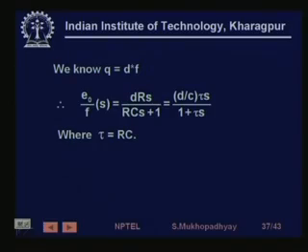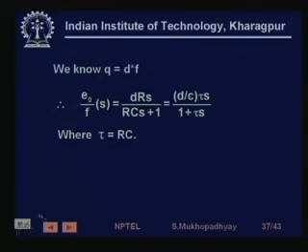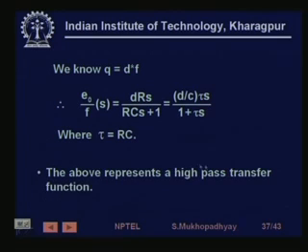So you can see that not only does the time constant of this transfer function depend on RC, but its sensitivity also depends on C, right. So if C changes, if you now connect a longer cable, then its sensitivity is going to change, which is a very undesirable situation. So this is the first point.